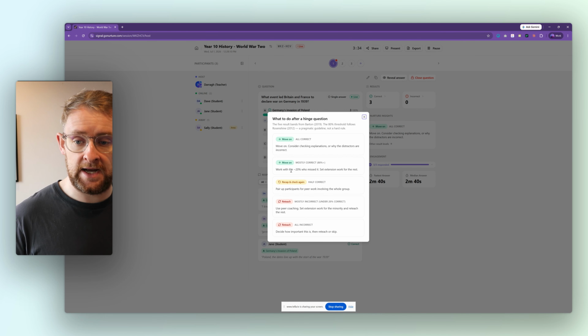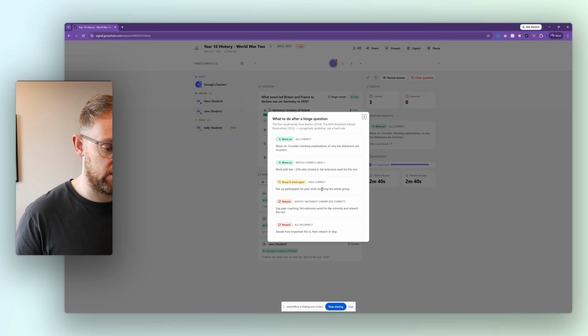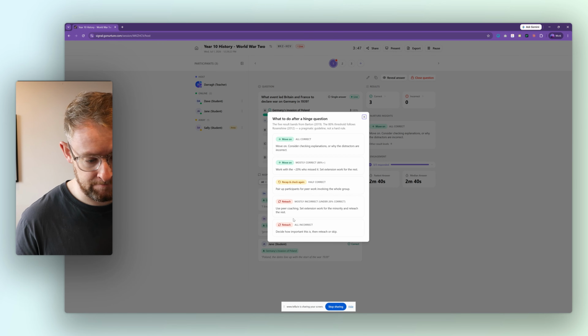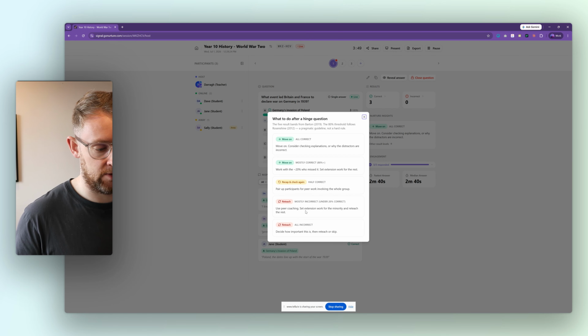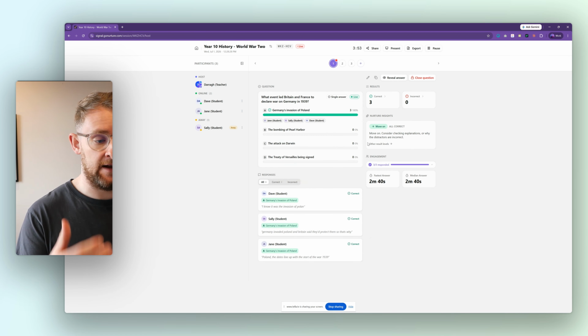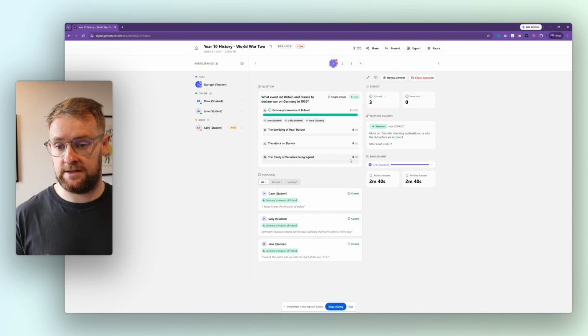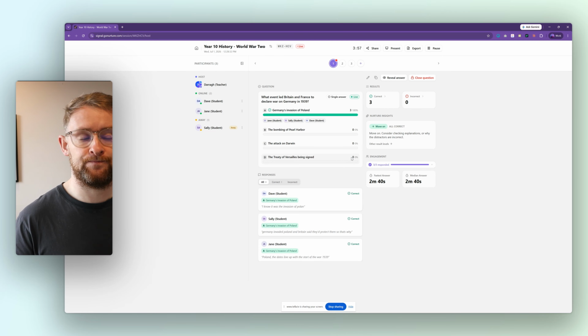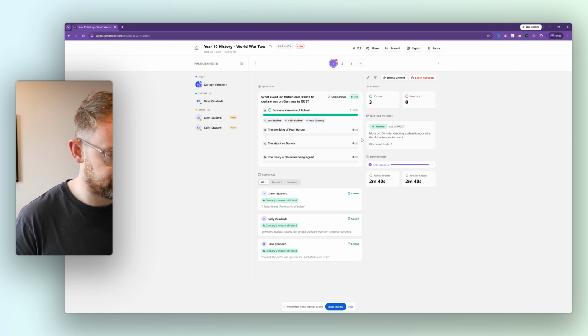Now, with each of these bands, we give a little bit more guidance on how they should do that, whether it is to maybe work with the 20% who missed it, pair up participants for peer work involving the whole group, or use peer coaching, set extension work for the minority, and reteach the rest. Now, the teacher doesn't have to follow that advice. It's just what Nurture Signal is calling out to them as what they could do with this group of students.